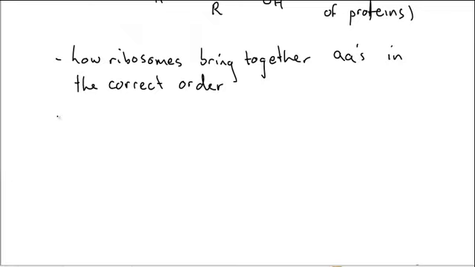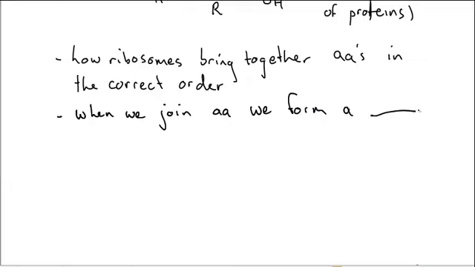And we have to remember that when we join amino acids, we form a blank type of bond. What's the other name for amino acid? That's right, it's a peptide.